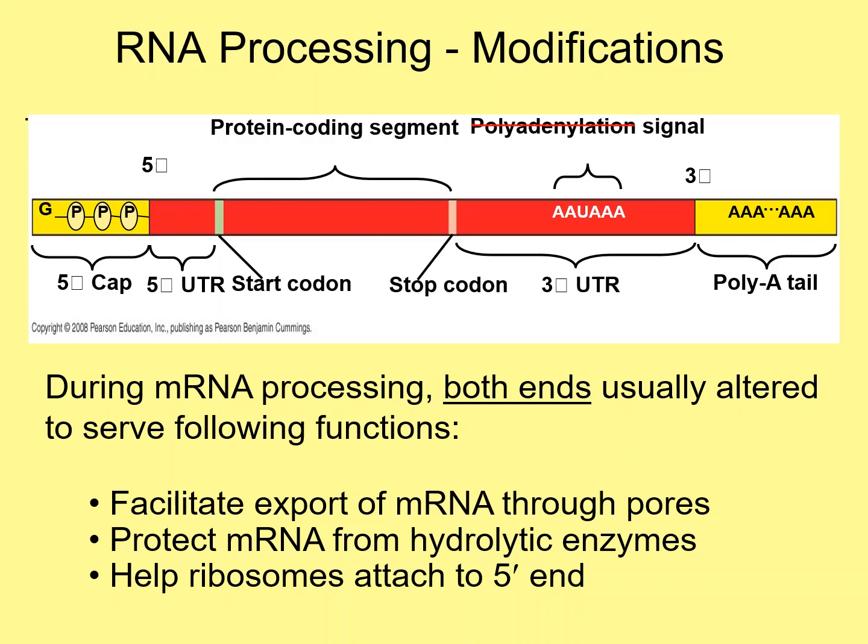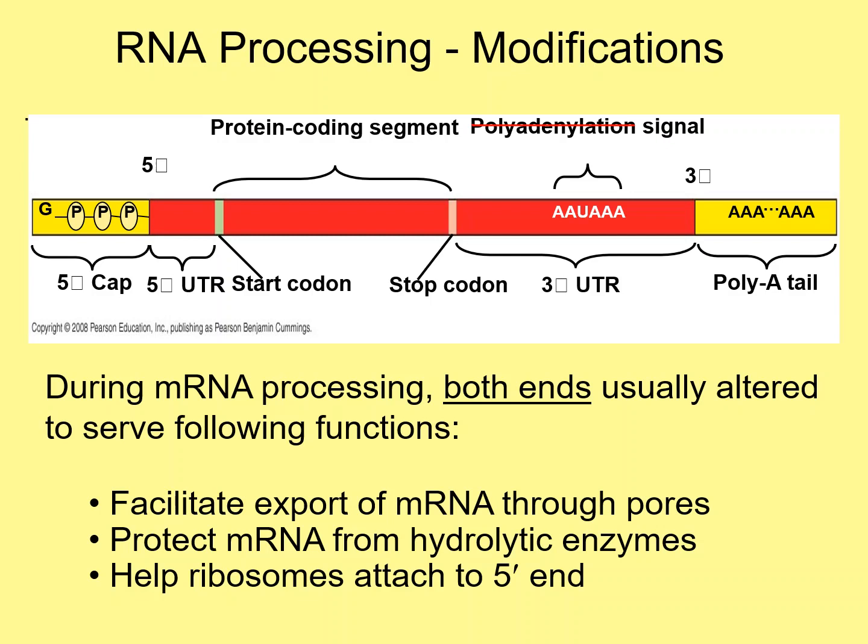We also add a poly A tail at the end. This is basically just a whole bunch of adenines, a bunch of A's at the end. Both of those things help get our mRNA transcript out of the nucleus, but they also protect it from hydrolytic enzymes.